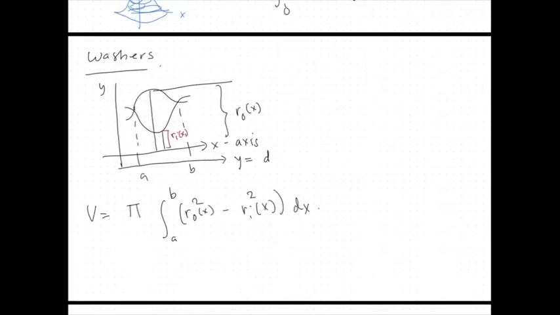Of course, you can do the same for y. If you have y, then V is equal to pi, integral from c to d, of ro of y squared minus ri of y squared dy. Let's go to an example.